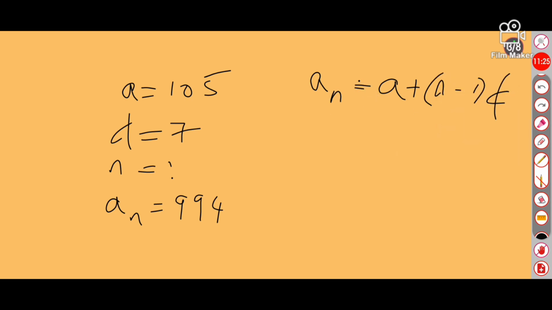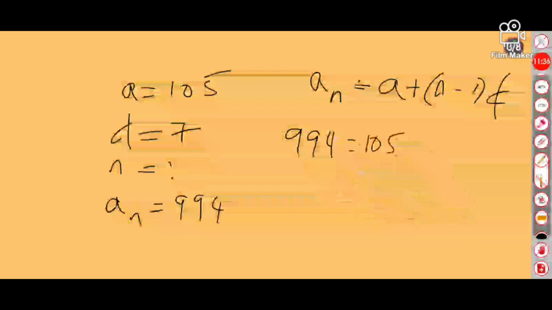In the question they are asking how many 3-digit numbers, therefore we need to find the value of n. So 994 equals 105 plus n minus 1 into 7. Simplifying this, you get the value of n to be 128.